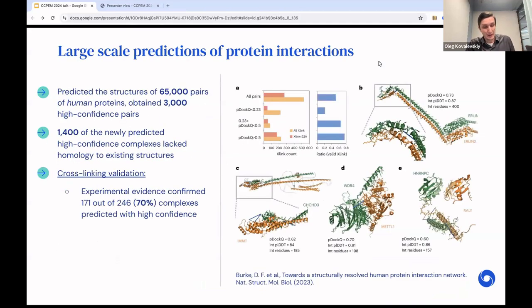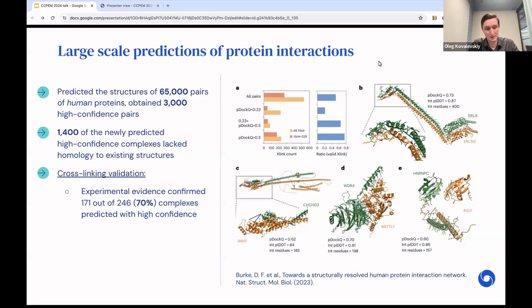Another exciting application of AlphaFold is studying protein-protein interactions, because ultimately, few, if any, proteins function in isolation. Understanding their interaction networks is a big part of understanding biology. There have been quite a number of similar works done for different organisms. I have picked this one for illustration. The authors ran predictions for 65,000 pairs of human proteins and obtained 3,000 high-confidence pairs.